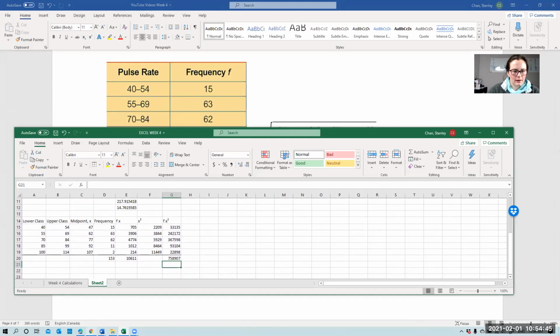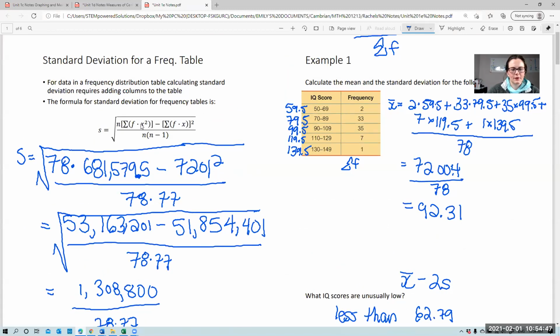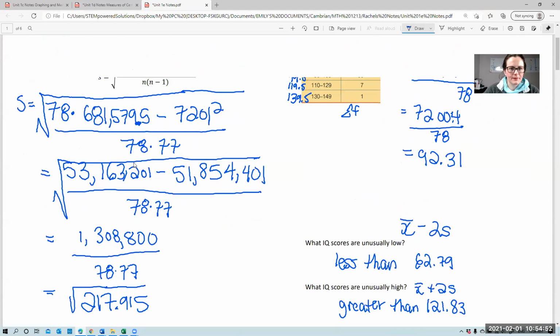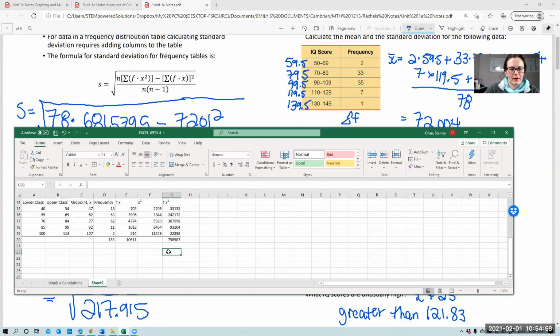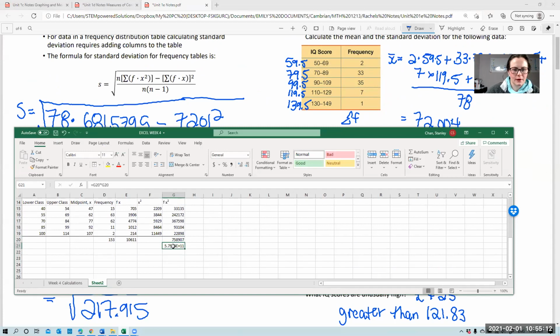I just need this formula actually, so I'm going to write it down. Why don't I just calculate it using Excel. So what I need to do right now is take this value right here and square it. So it's going to be equal to this value multiplied by itself. Okay, so I squared this value.